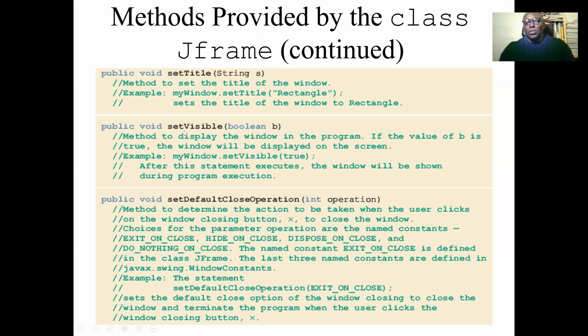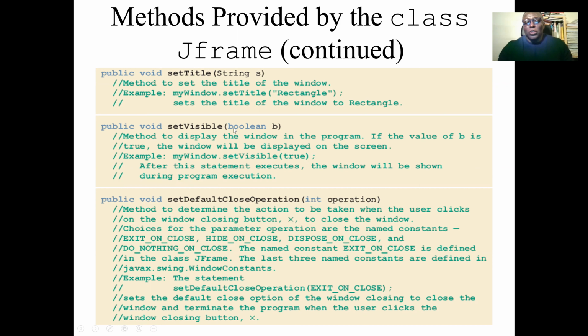Now this method is very important: setVisible. We call it so that if we set it to true, our window will show on the screen. If we set it to false, the window will not show. So again, setVisible means true or false.